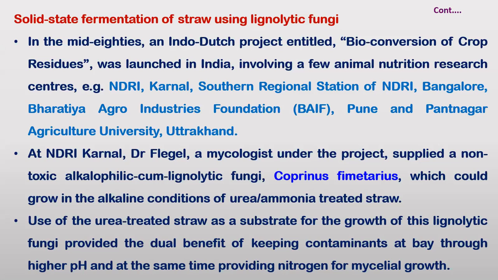So that fungus was used for treatment of the straw, and the urea treated straw served as a substrate for its growth. This provided a dual benefit: keeping contaminants at bay through higher pH, and at the same time providing nitrogen for mycelial growth.